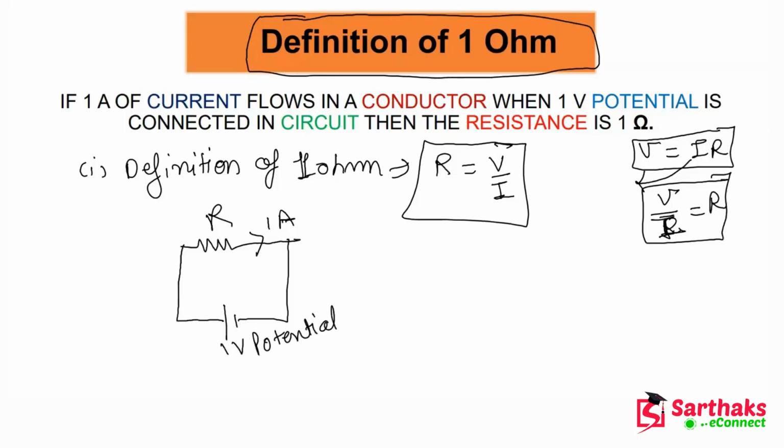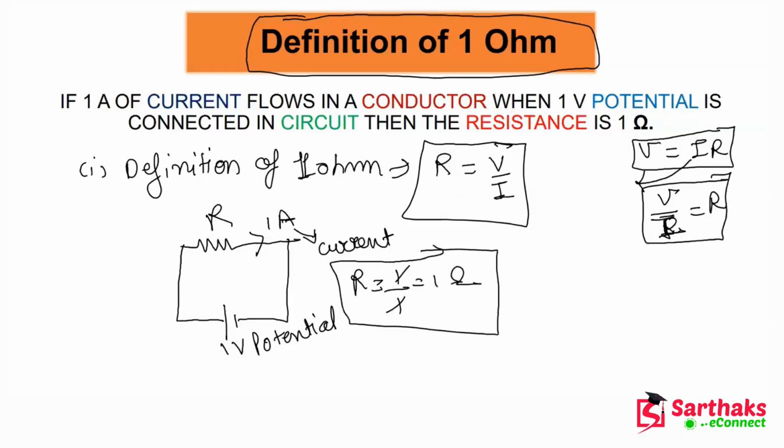So if 1 ampere current is flowing when I connect 1 volt potential, what will be the value of resistance? Resistance will be V upon I. V is 1 and current is also 1.